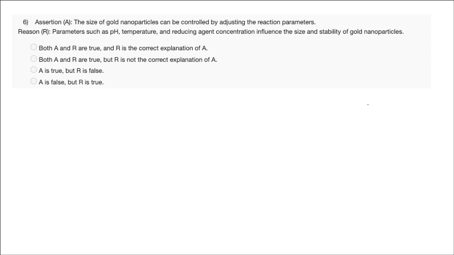Just now in the previous slide, I explained how different parameters affect the kind of gold nanoparticles that form. Try attempting it.